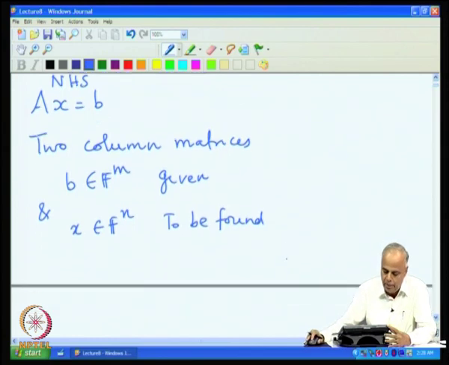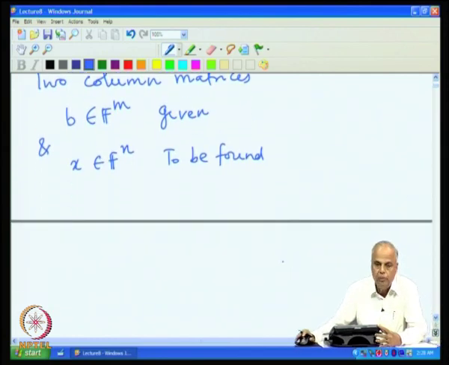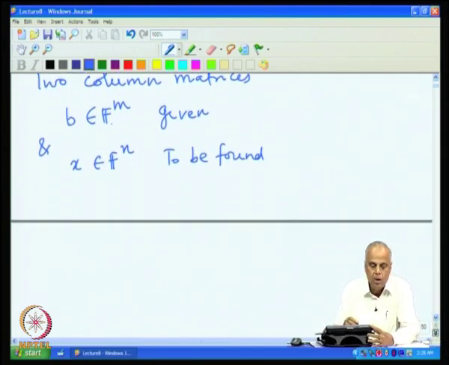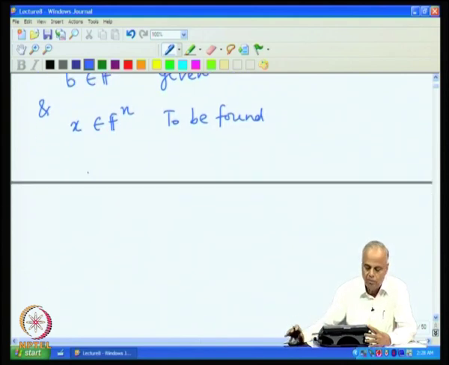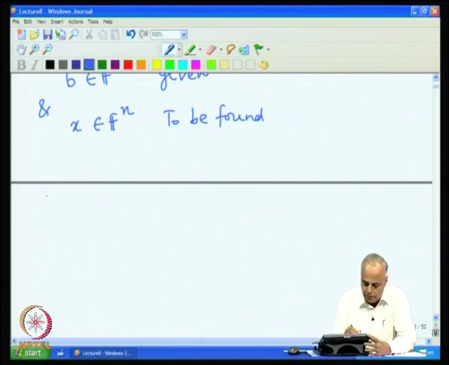The main fact is that we have to deal with such vectors or column matrices in F^m and F^n. So, we shall now have a look at the structure of such column matrices.